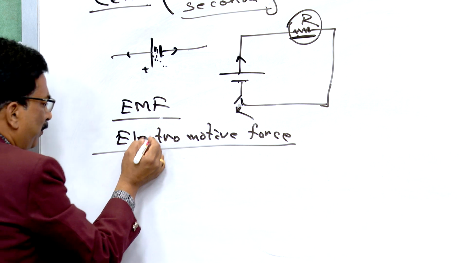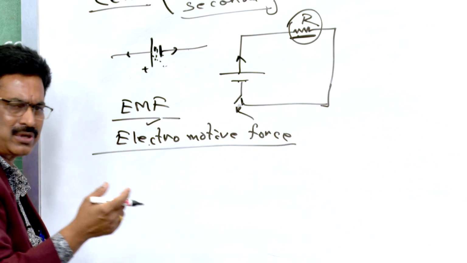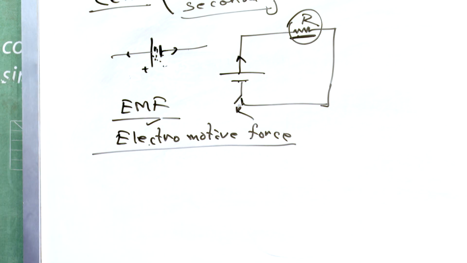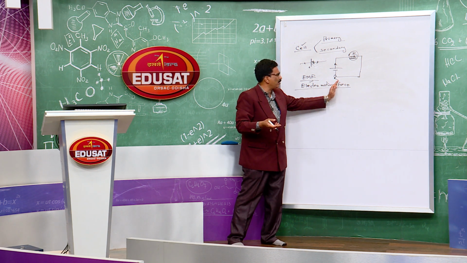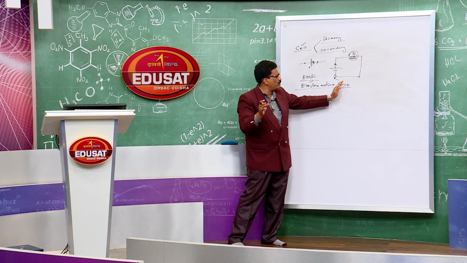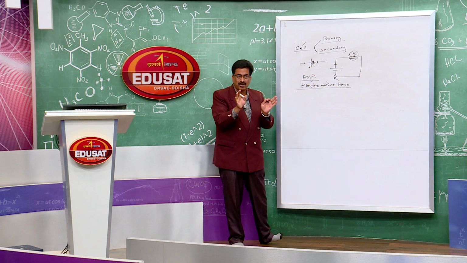Electro means the term for the electron, motive means some motion, force means something to enhance its working function. So, if it is electromotive force, from today clear it from your mind that though the word force is there, it is not a force.